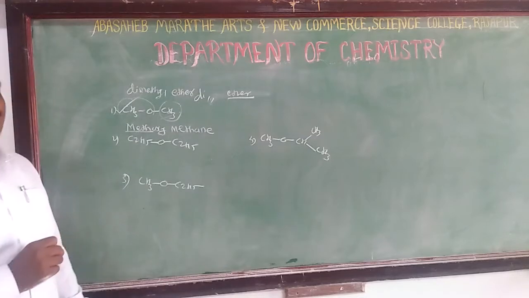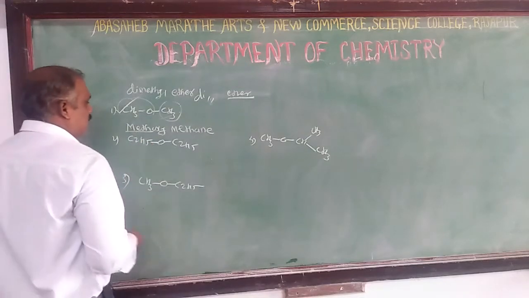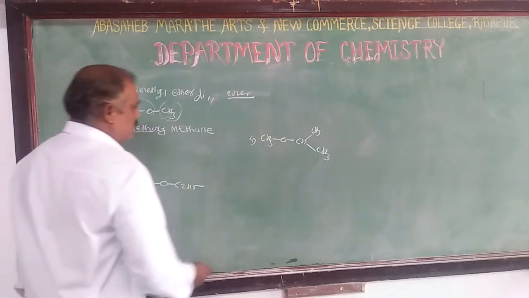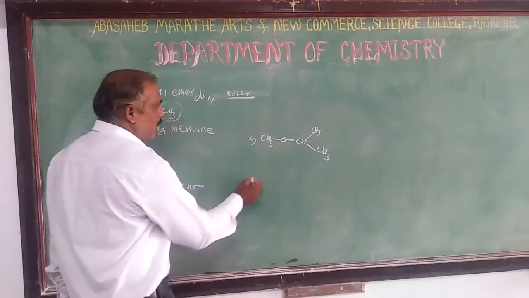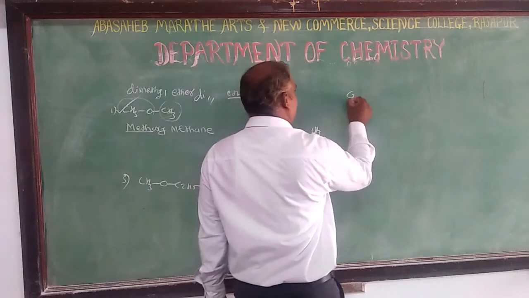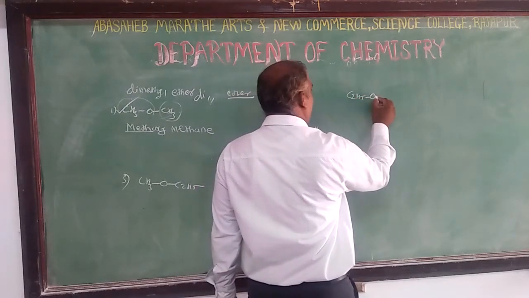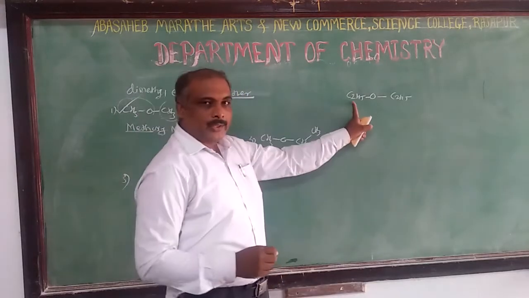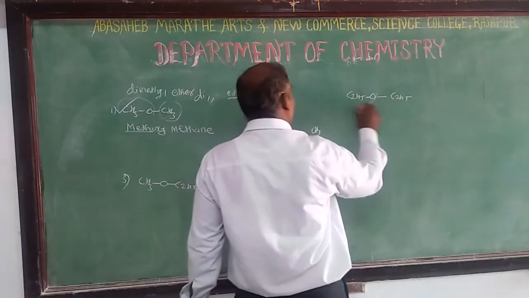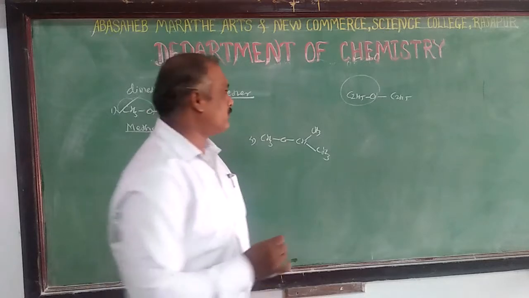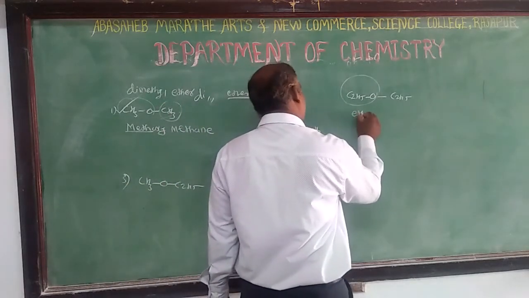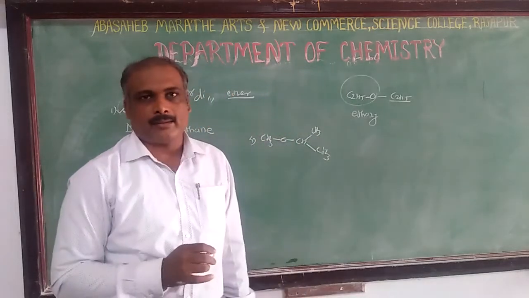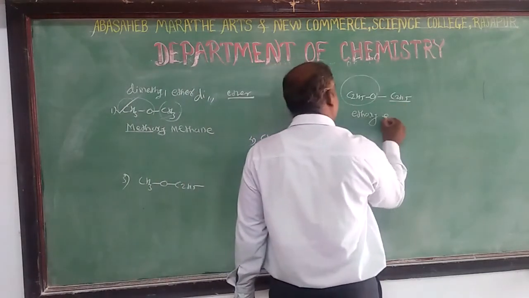Second example, now we have C2H5-O-C2H5. The group is ethoxy, so the IUPAC name is ethoxy, and the name of the parent alkane is ethane.